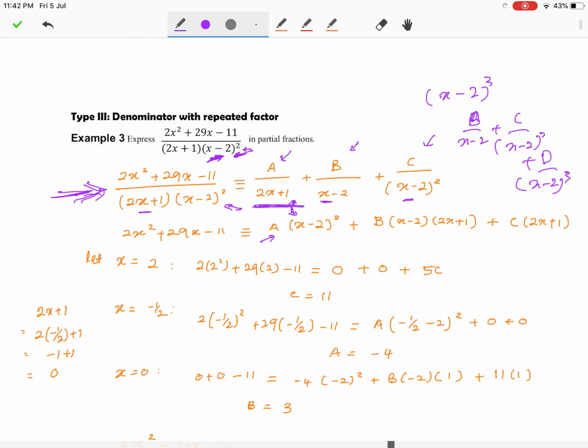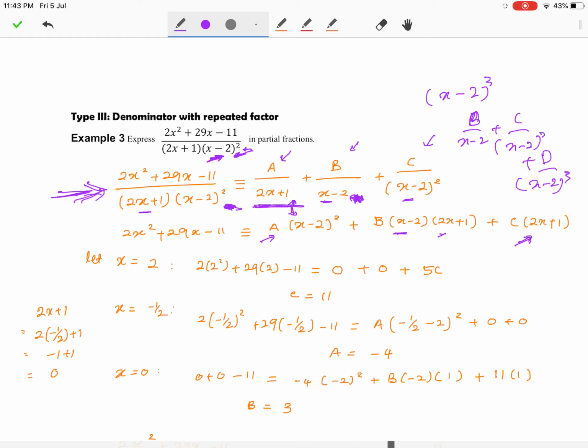Then plus B, which is lacking one x minus 2, because here it is x minus 2 squared, so I multiply by x minus 2. Then this one is lacking 2x plus 1, so I have that. Then plus C, I have the x minus 2 squared, I just don't have 2x plus 1, so that's why I multiply by that.